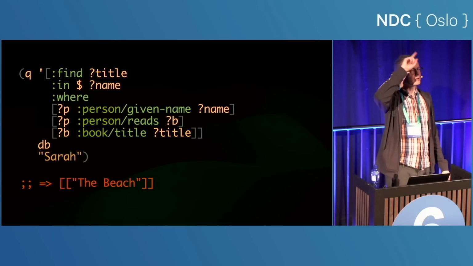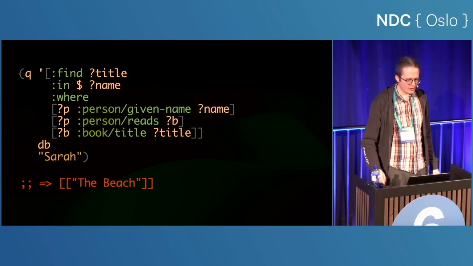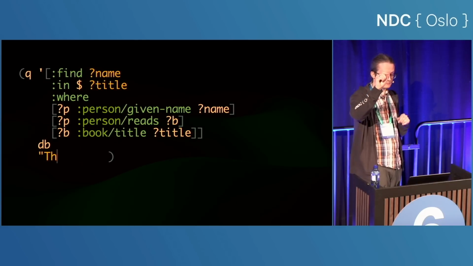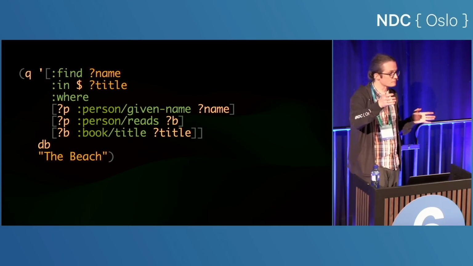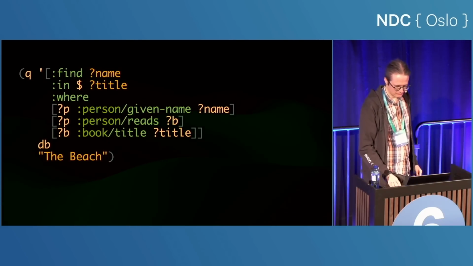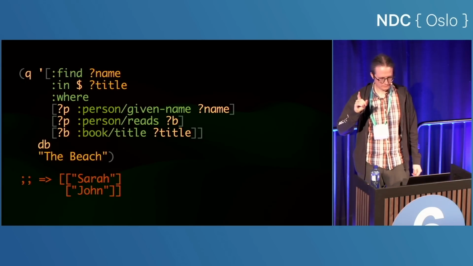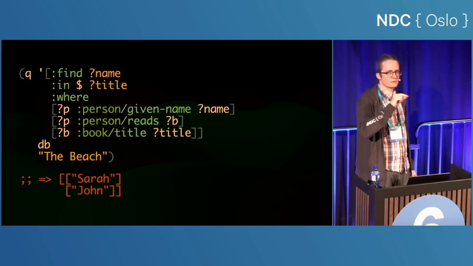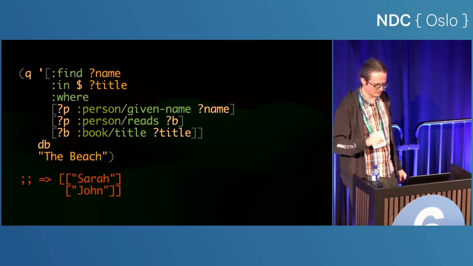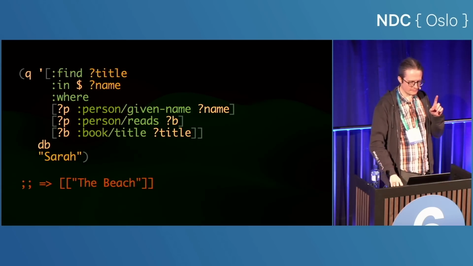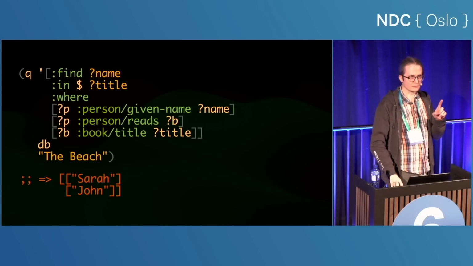If you look at the find there, find title, what if we instead find the name and pass in the title, the beach? Well, now we will get back Sarah and John, because Sarah and John are reading the beach. And if we go back, look, title and name, name and title.